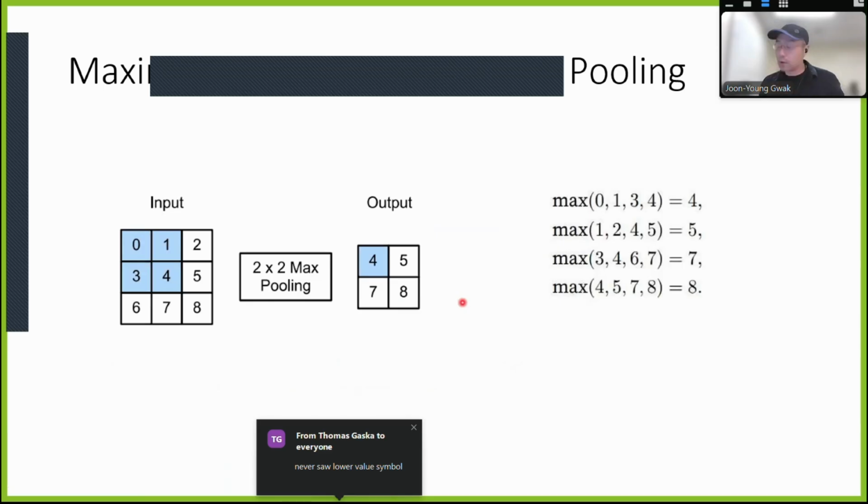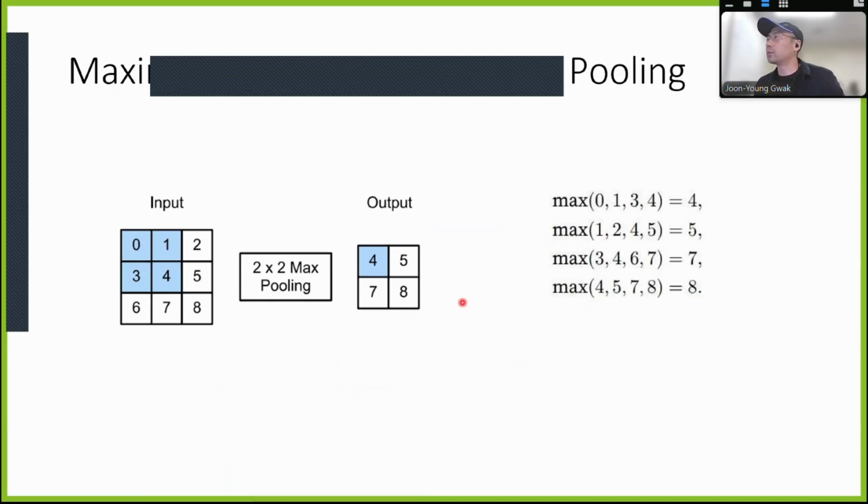Okay, so we can go over the maximum pooling and average pooling. I've also mentioned earlier that pooling is one way to perform downsampling, which is basically reducing the dimension, as you can see here from the input to the output.